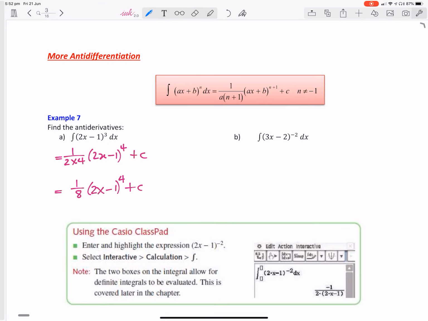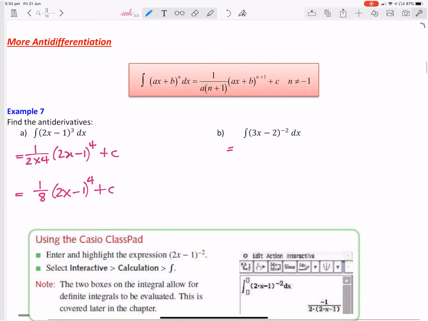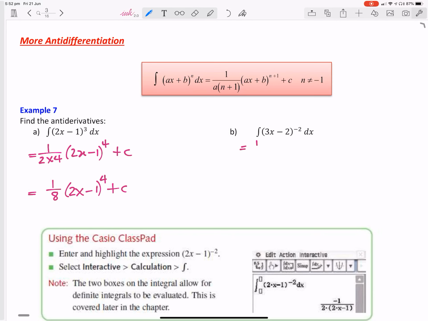This second one here, we have 1 on my new power multiplied by my derivative of the bracket, so 3 times negative 1, (3x - 2) to the negative 1 plus c, which is negative 1 on (3x - 2) to the power of negative 1 plus c.